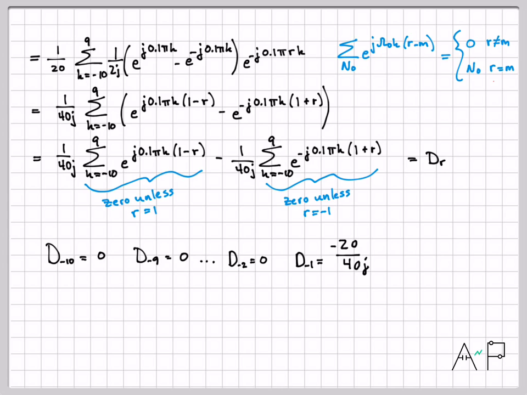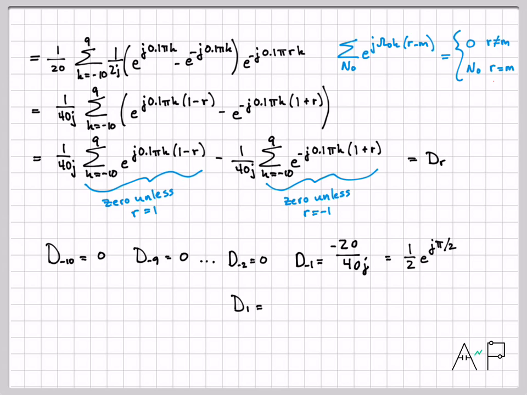So I'm going to get 20 over 40j, and then there's a minus sign right there that I need to account for. So minus 20 over 40j, 20 over 40 is a half, so I end up with -1 over 2j. Multiply numerator and denominator by j, you'll get another negative sign, and you'll end up with j over 2, and j is just e to the j pi over 2. So I end up with this number right here for d of -1.